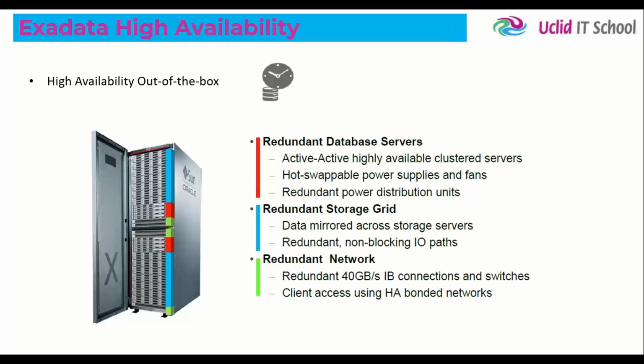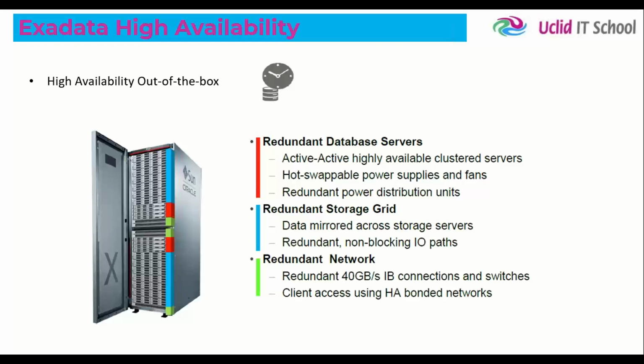Each server has hot swappable power supplies and fans, and redundant power distribution units connected to different power sources so that even power failures can be tolerated. Disk failures can be tolerated, and all the fans are hot swappable.